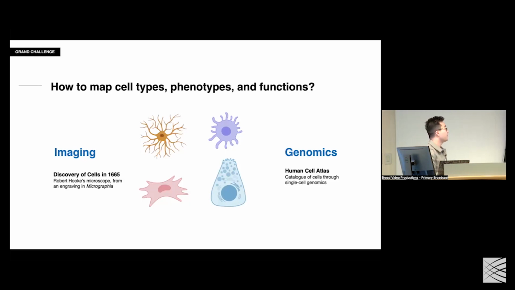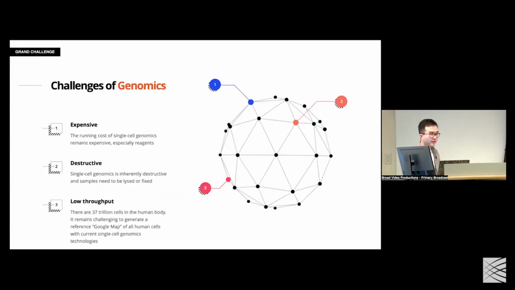With the recent advent of single-cell sequencing technology, such as the Human Cell Atlas that Aviva and Sarah led as an international effort to map all the single cells across the body, we can define what a cell type and a phenotype are. But there are big challenges for sequencing.